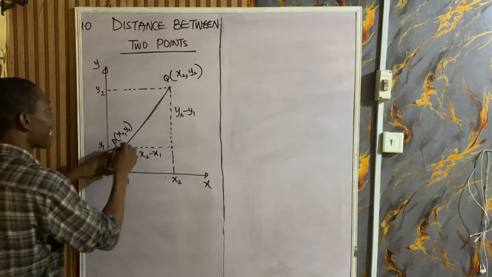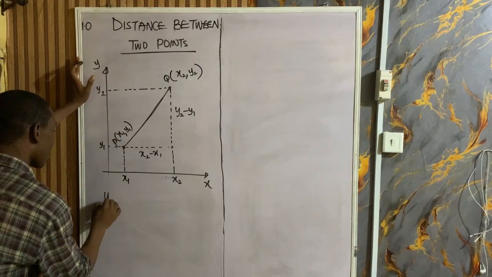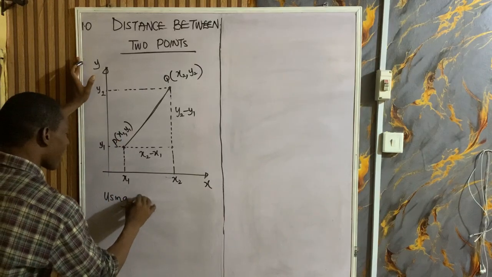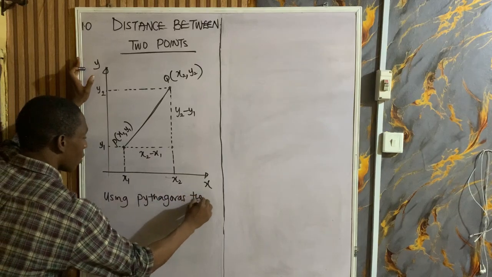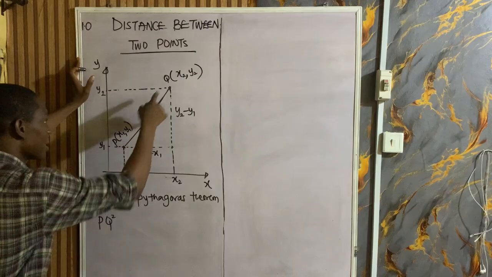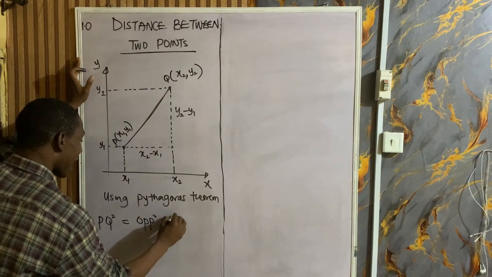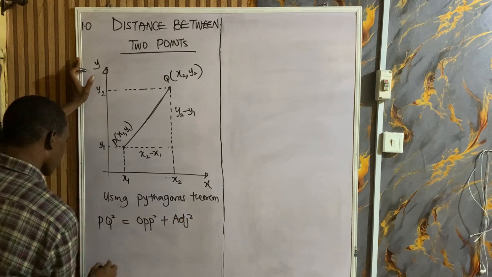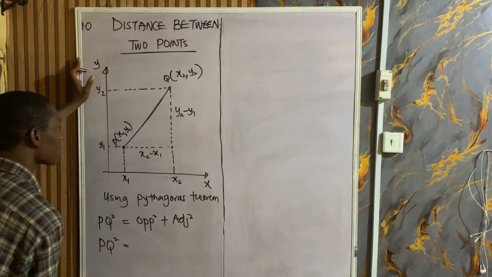This looks like a right angle triangle. And because of that, we can use Pythagoras theorem. Using Pythagoras theorem, we know that PQ, which is the hypotenuse in this case, is equal to opposite square plus adjacent square. And so we can say PQ square is equal to, what's our opposite in this case?